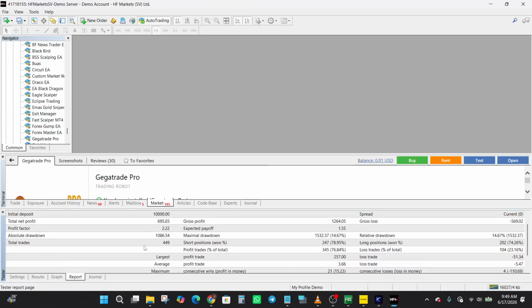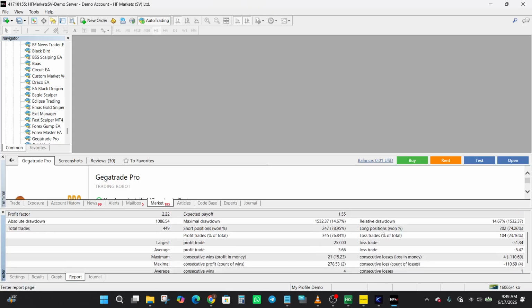Total trades taken were 449, out of which 345 were profitable. That gave us a 76.84% win rate. And here I can see that the largest profit was $257.  The largest loss was $51.34, and then the average profit was $3.66, while the average loss was $5.47.